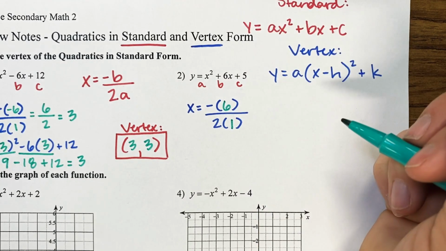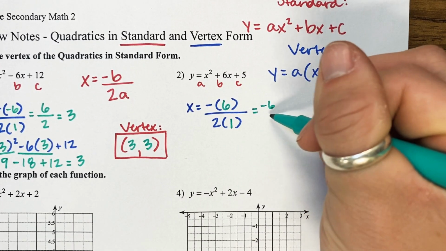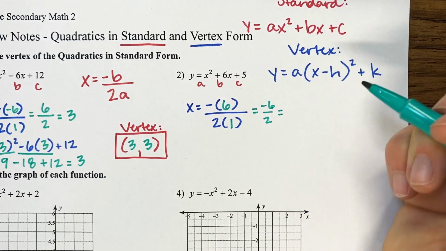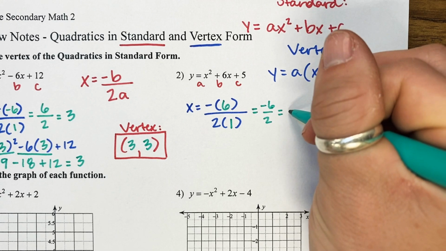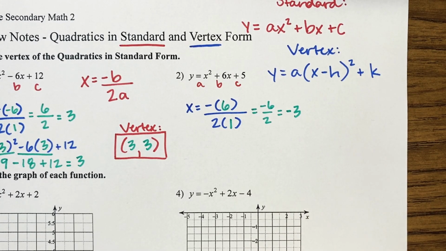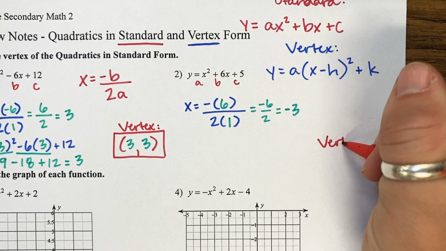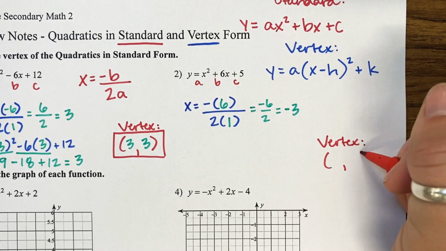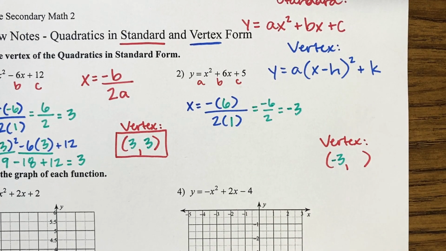A is 1. So I have a negative 6 on top this time divided by positive 2. What is negative 6 divided by positive 2? I get negative 3. So for my vertex for number 2, the x part is negative 3.